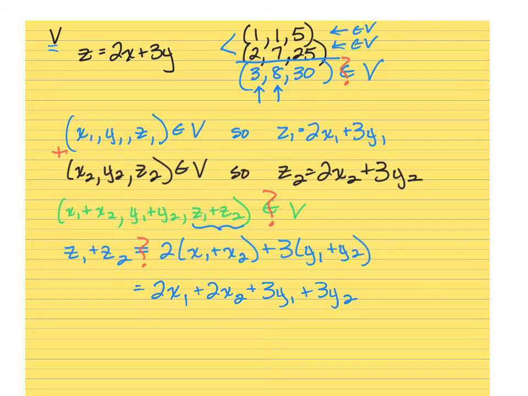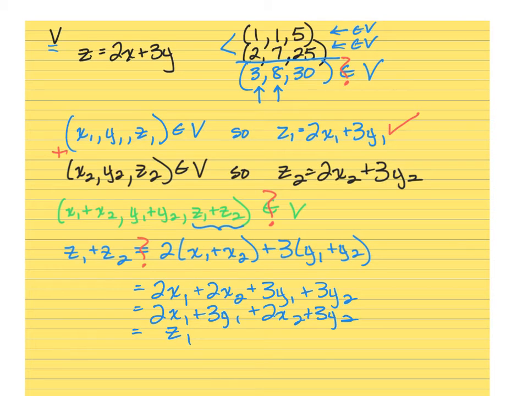But notice, if I just rearrange this, 2x sub 1 plus 3y sub 1 plus 2x sub 2 plus 3y sub 2. Oh, wait a second. 2x sub 1 plus 3y sub 1 equals z sub 1. How do I know that?